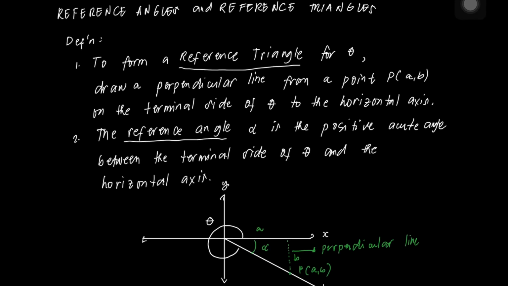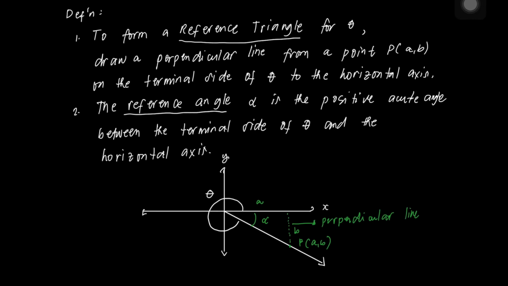For example, in this image, our terminal side is in the fourth quadrant. So to form the reference triangle, we have to draw our perpendicular line, this imaginary line here.